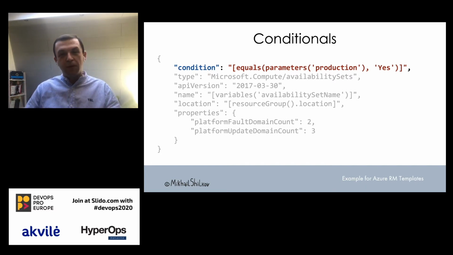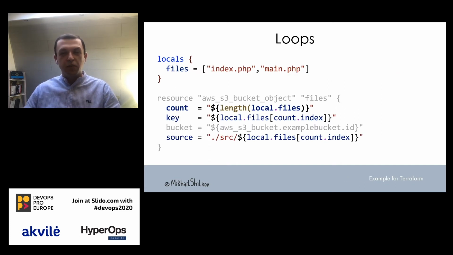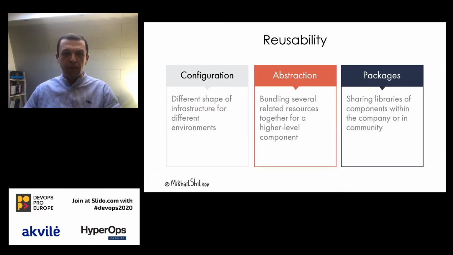Every infrastructure needs this because you want to deploy to multiple environments that are slightly different. They also introduce things like loops. This is an example of Terraform, where there is a loop to go through files and then deploy bucket objects for every file. And you can see there are special constructs and they differ per language.